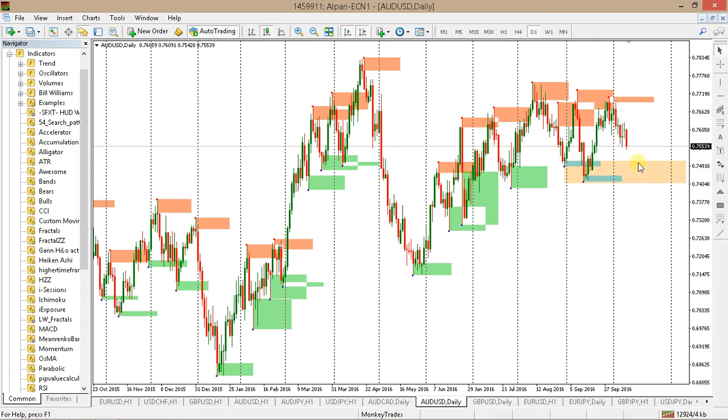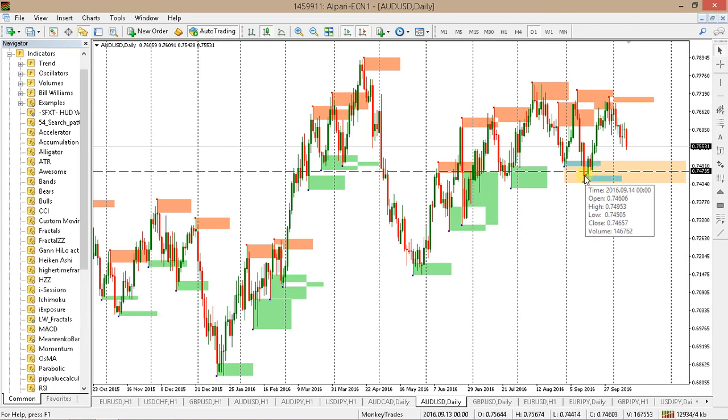One of them is a bit higher, one of them is a bit lower, but the two of them are marking a support level. Let me place a horizontal line in the middle of them, to see if we have a good support zone.